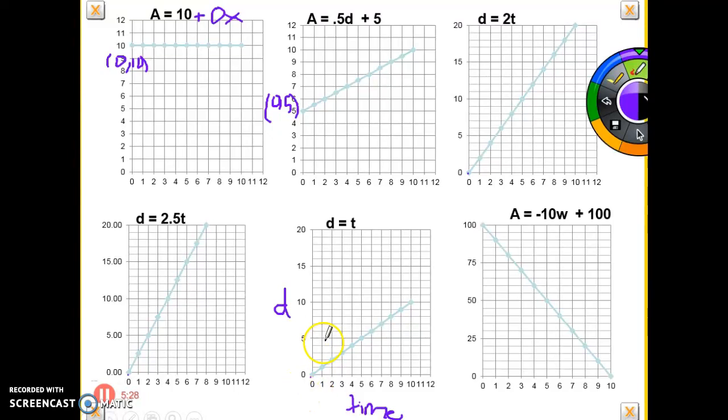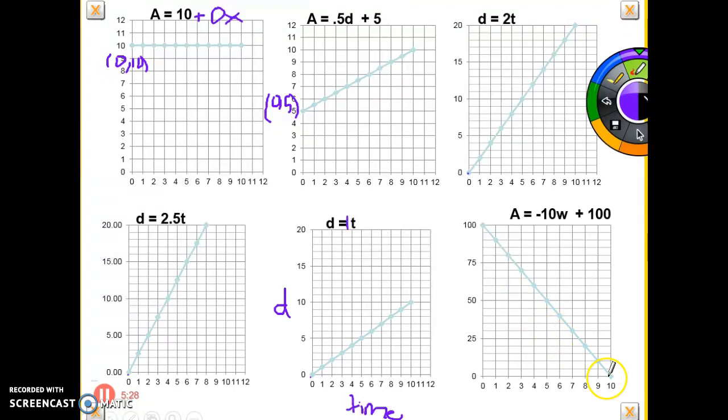It's a little hard to see the coefficient, though. The coefficient is going to be 1, because 1 is the only number you can multiply by t without changing it. And if you look down here, we can see that every time the x value increases by 1, the y changes by 1. So that makes the constant rate of change 1. And we remember that the constant rate of change and the coefficient are the same thing.